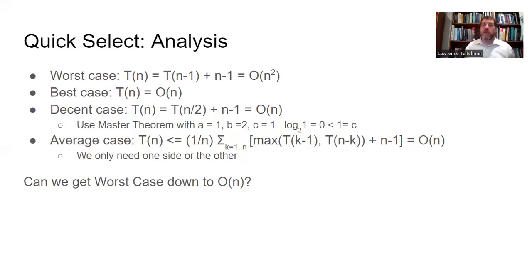I could have used heap sort and done it in n log n. So I could have sorted the whole data in worst case n log n and gotten my answer. So a worst case of n squared for the selection problem, the order statistic problem, is pretty bad. So the question is, is there another approach we can use?